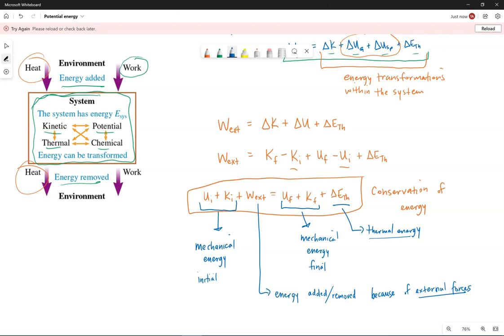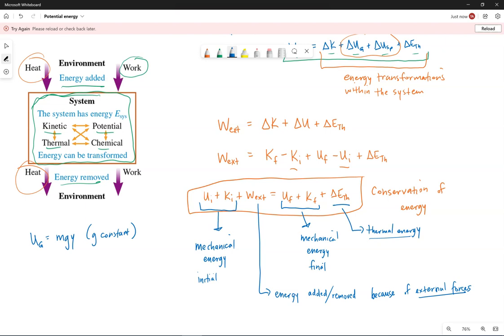Vectors are not here, so we either have gravitational potential energy or we do not. Now that is assuming mgy, because g is constant. When we get to chapter, I think it's 13, we start talking about the energy the Earth has because of its orbit around the sun.